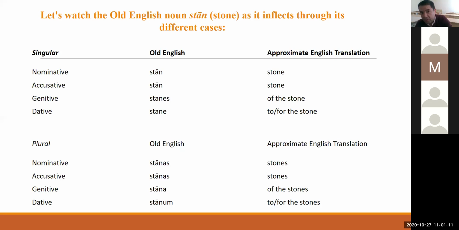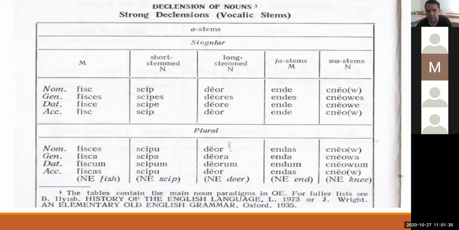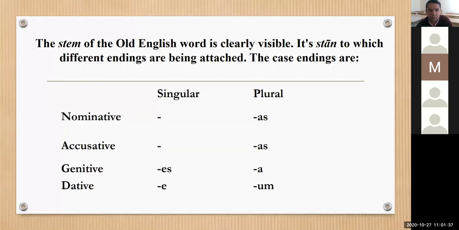After a period of time, morphological change appeared so that sometimes in A stem declension, we do not find A in the stem of the word in the Old English period. Sometimes the word is called U stem declension, but there is no U. For example, as far as I remember, it is giefu.